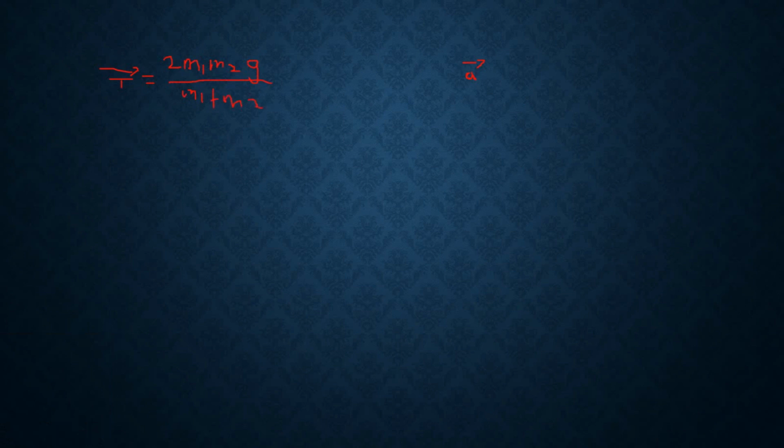So note, the acceleration would be the quantity of the second mass minus the first mass times gravity all over the first mass plus the second mass. So note that the gravity will always be equal to 9.8 meters per second squared.